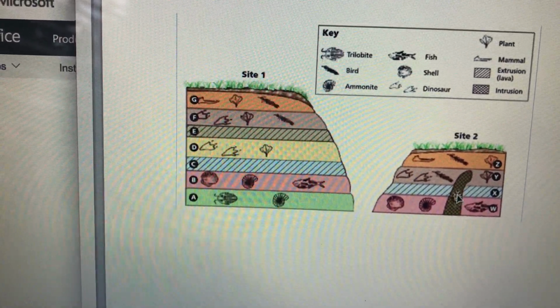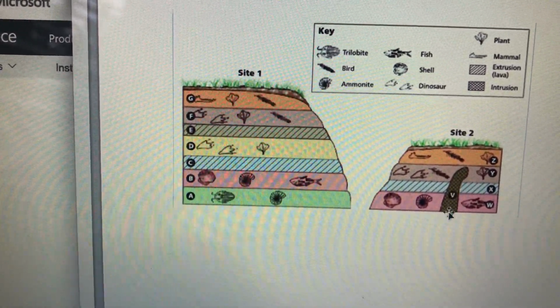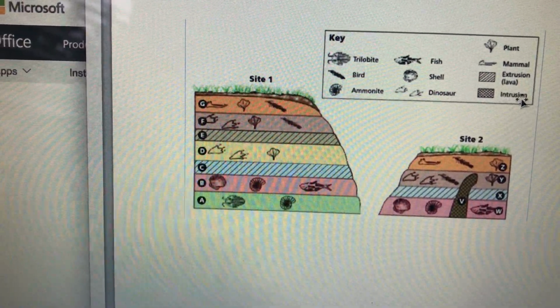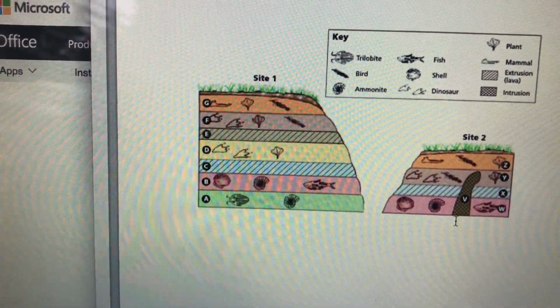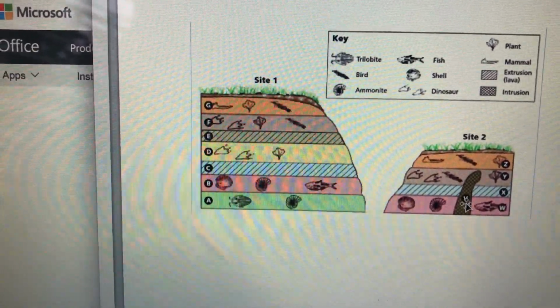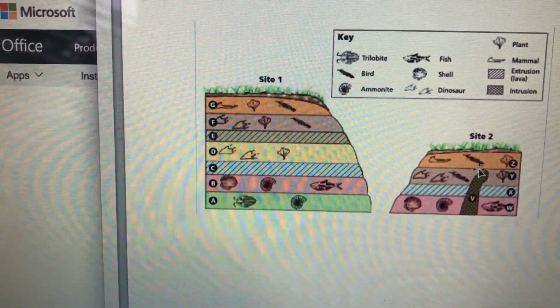This right here is kind of crazy because up here it says intrusion. It's an intrusion, so that is intrusive igneous rock from a volcano.